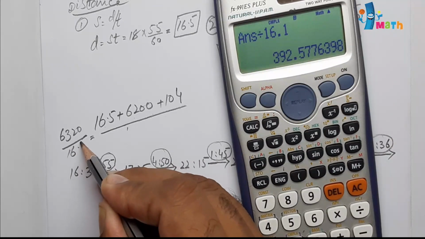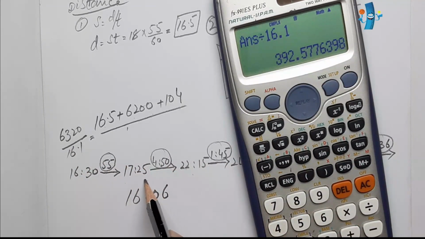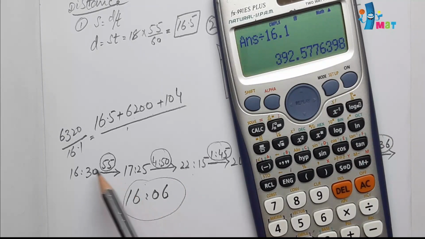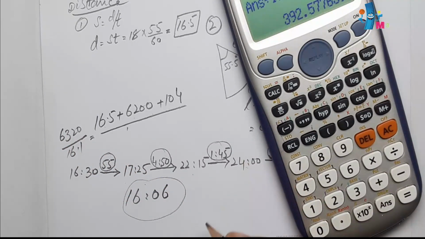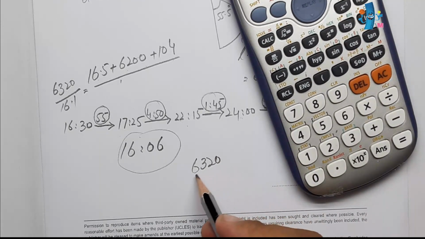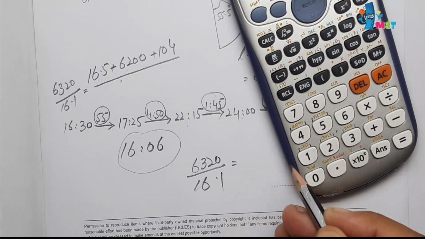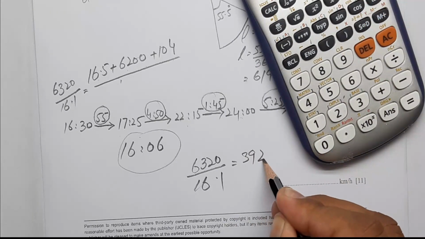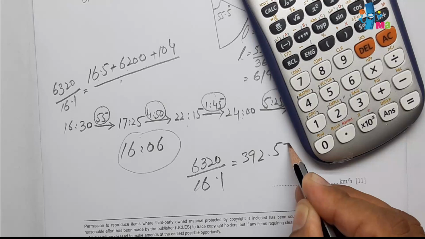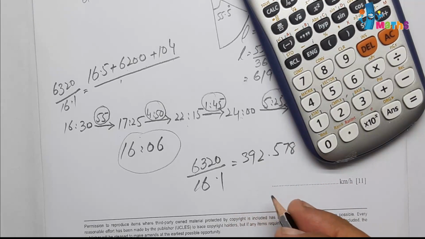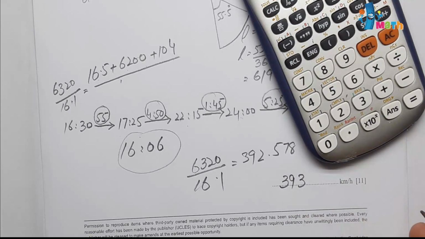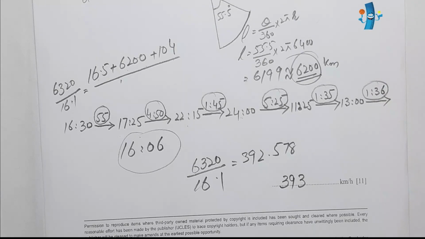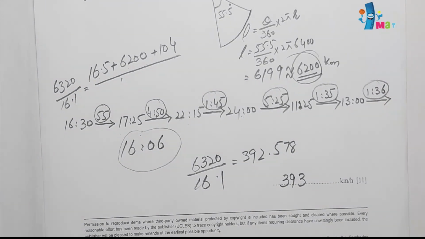This will be 16.1, because we convert 16 hours 6 minutes into decimal. So if we divide 6320 by 16.1, it will be equal to 392.578, or we can write 393 kilometers per hour. Basically this will be the speed.